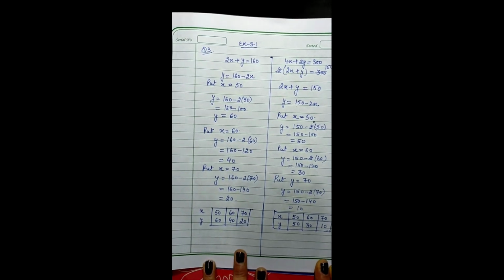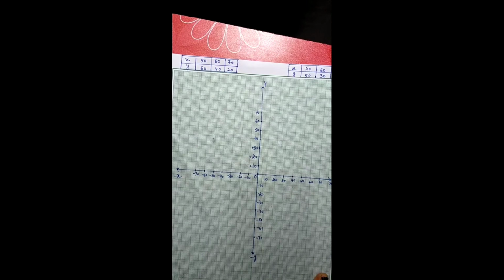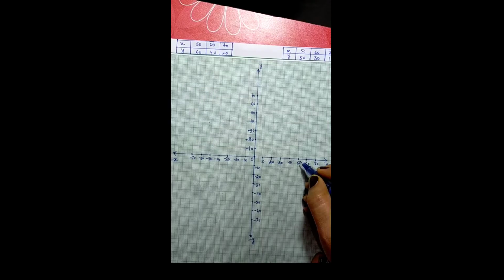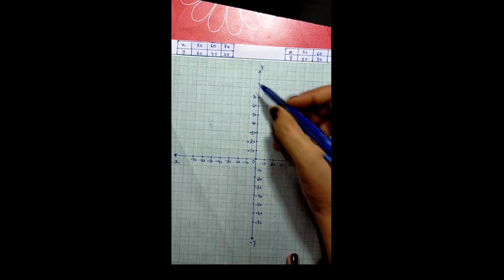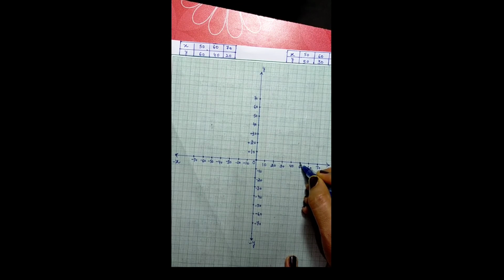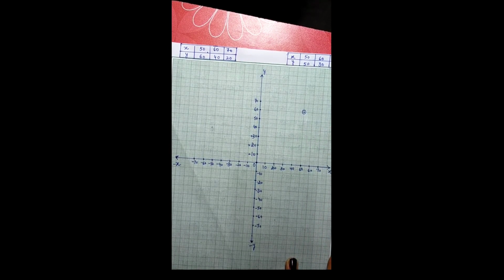So now let's plot these two tables on the graph. One of the tables is this one. For the value of x 50, y is 60. So 50 for x and y is 60. So one of the points is this one.